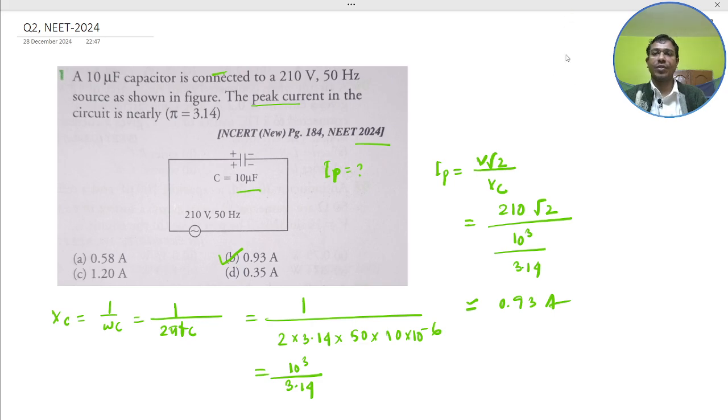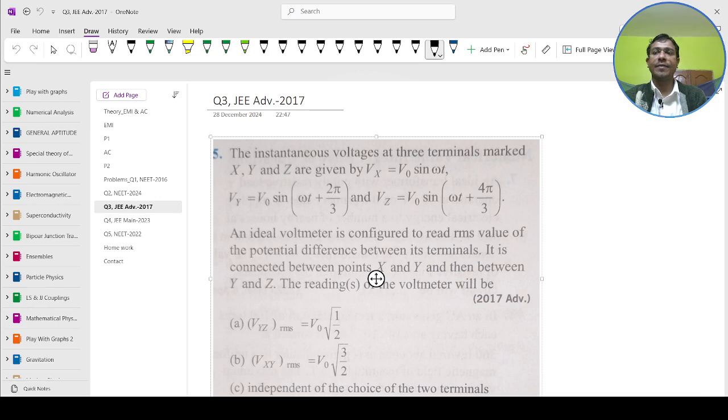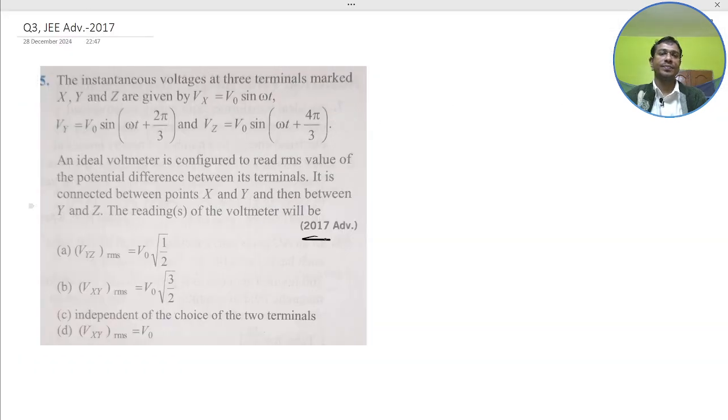Go through the next one, JEE Advanced 2017. The instantaneous voltages at three terminals marked X, Y and Z are given as Vx, Vy and Vz in the equations. An ideal voltmeter is configured to read the RMS value of the potential difference between its terminals.